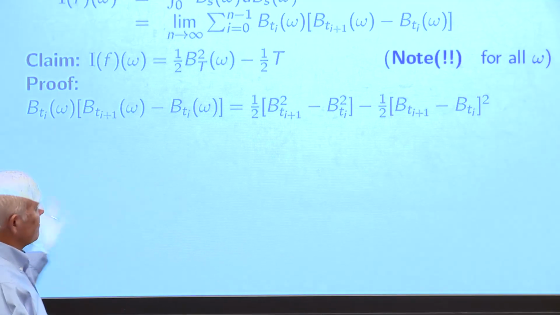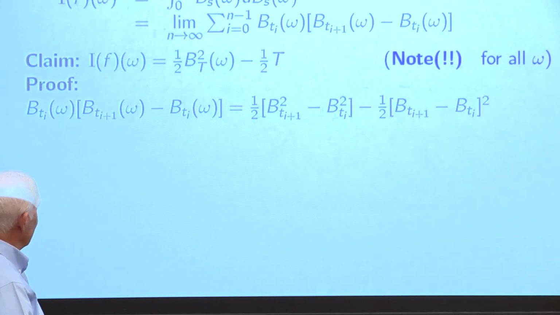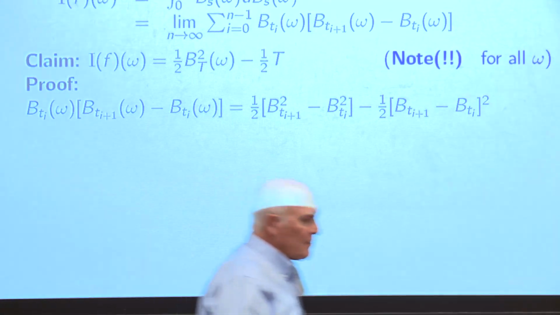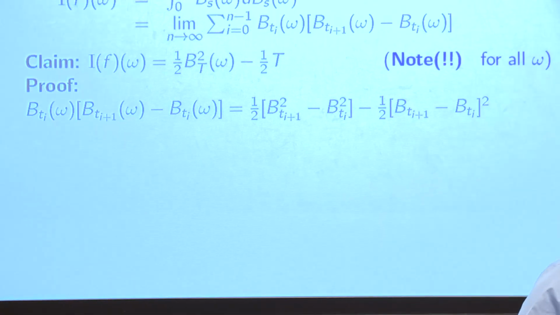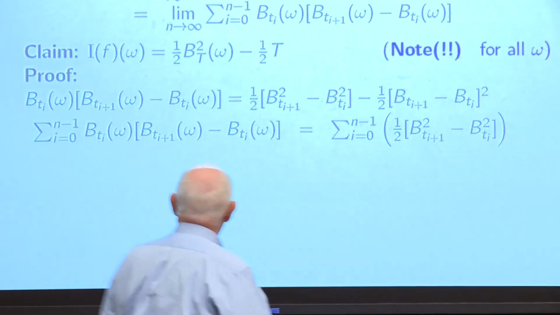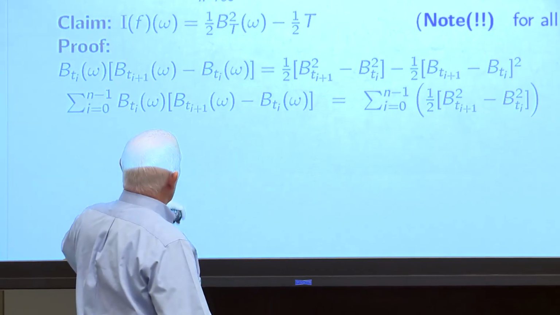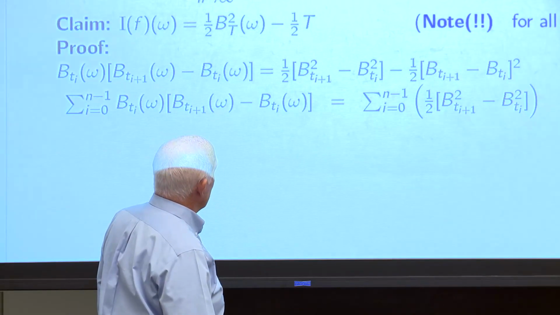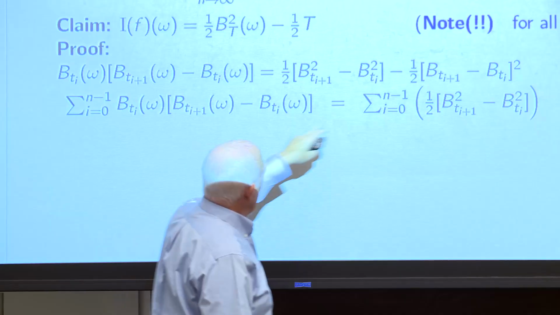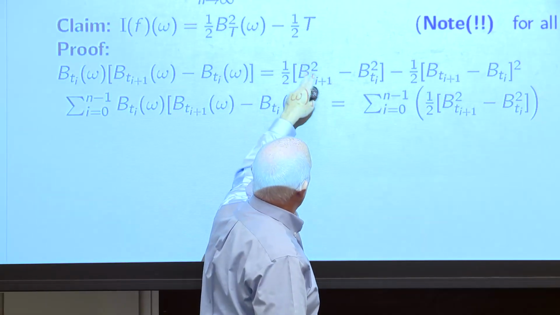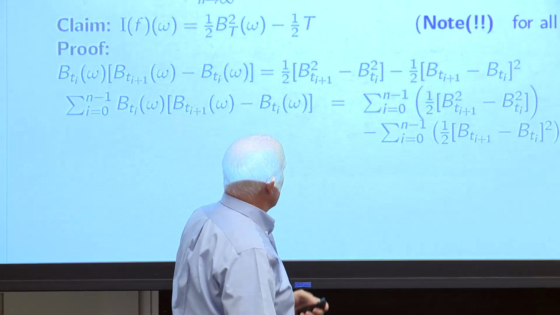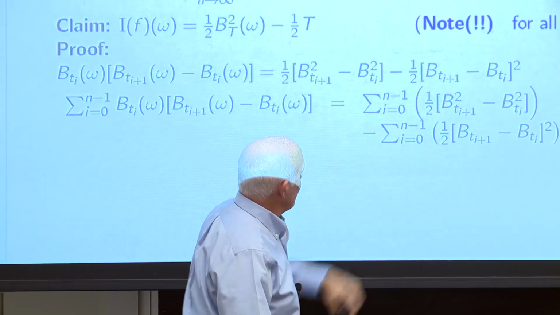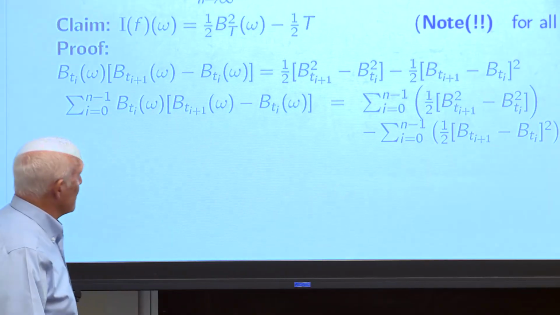This is simple to verify. It's trivial, but incredibly useful. And so if we sum over all the time points from 0 to n minus 1, we get the sum of the first terms minus the sum of the second terms.